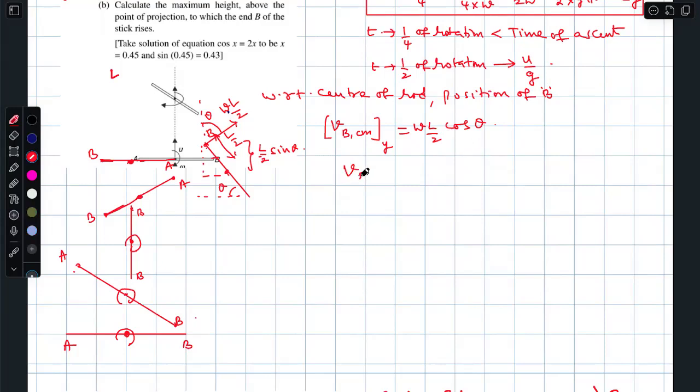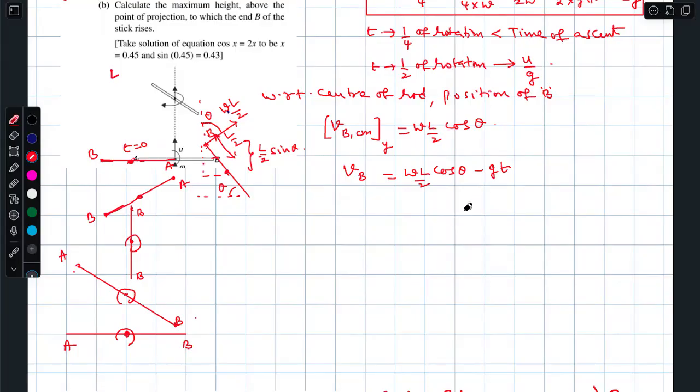So velocity of B is omega L by 2 cos theta minus gt. Why? From this point of time you took t equal to 0. It is freely falling now, so it will have gt velocity downwards.